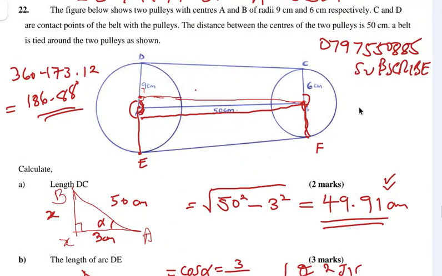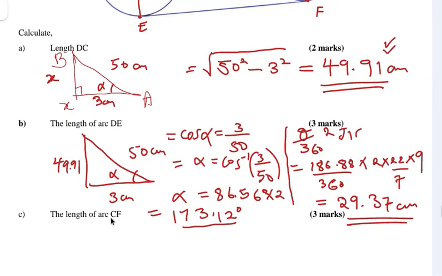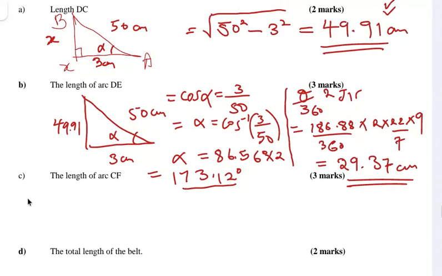Now for this length you have to find out this angle, na nimesema pale narejelea tena, angle ambayo iko hapa, hii hapa iko sawa na hii angle ambayo iko hapa. So angle ya hapa tulipata ni ngapi? Ni 173.12.